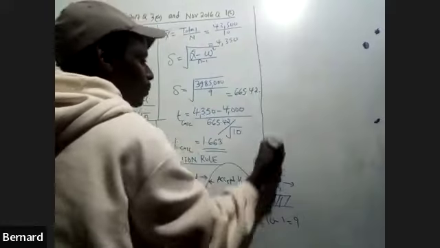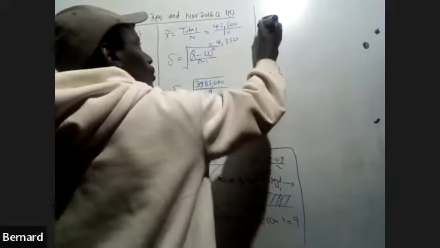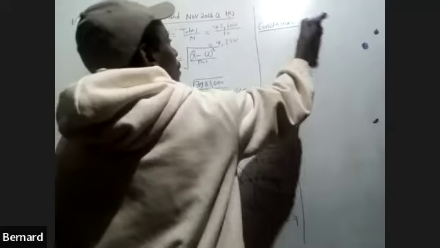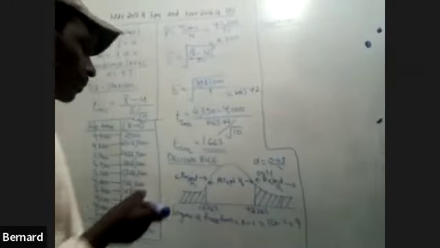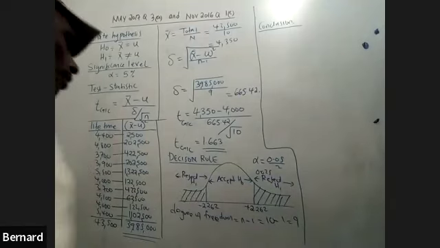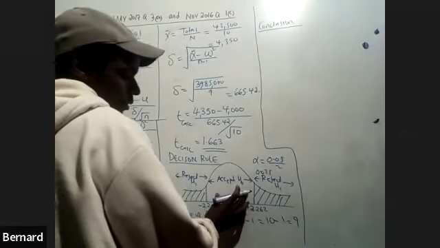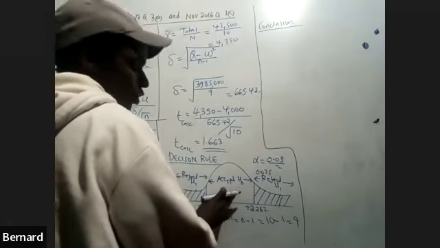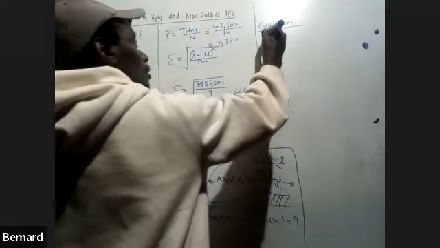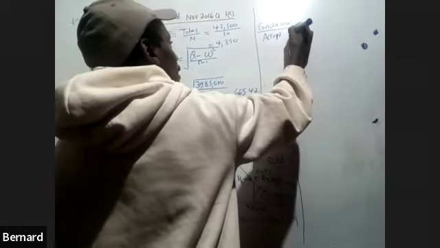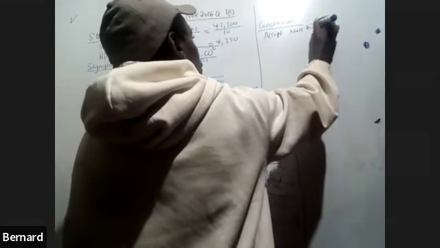And then the last step, the second and last, conclusion. So what is our conclusion? So 1.63 is inside katikati. So it lies within the region which is not shaded. So we accept the null hypothesis.